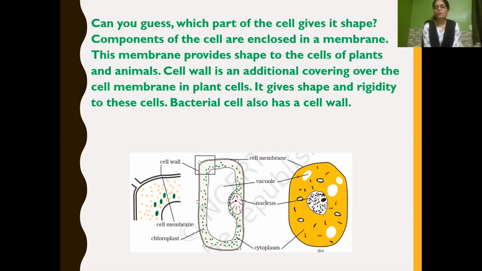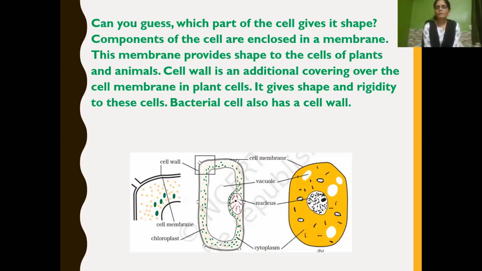The components of the cell are enclosed by a thin membrane called the cell membrane, and this cell membrane provides shape to the cells of both plants and animals. You can see in the figure, the yellow colored one is an animal cell, and the outer layer is the cell membrane. But in the plant cell, you can see an additional outer layer, which we call the cell wall, an additional covering around the cell membrane.